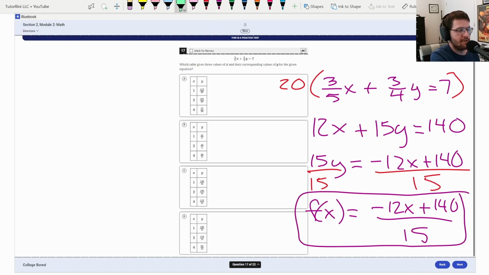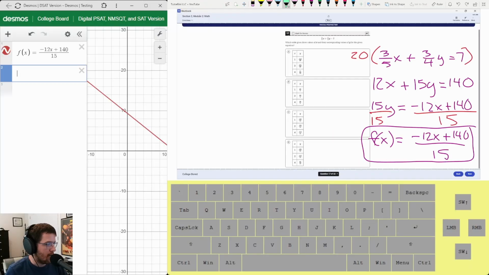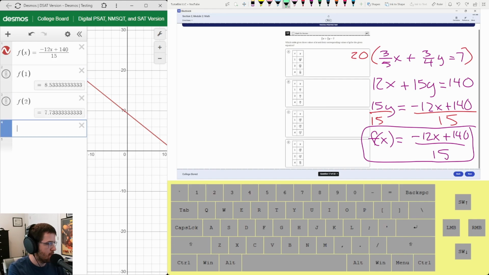So you see all these questions, answer choices, 1, 2, 4, they all have the same x values, right? So why don't we just use Desmos to quickly figure out what f of 1, f of 2, and f of 4 are. Okay, so I typed in the function. Now I'm going to type in f of 1, f of 2, and f of 4. These will tell me the y values when x equals 1, 2, and 4.